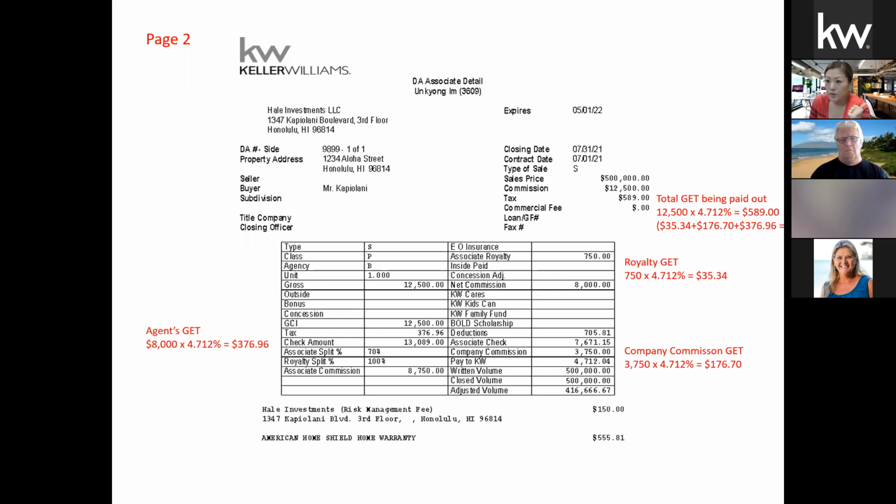The company, the brokerage, is getting paid $176.70 for GET on their commission, and $35.34 of the GET is getting paid to the associate royalty commission. Those three equal the total GET of $589. Any questions on that breakdown?